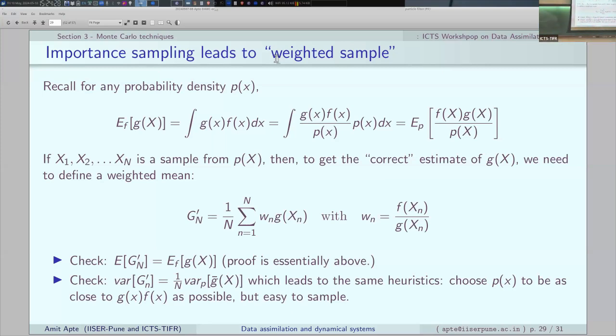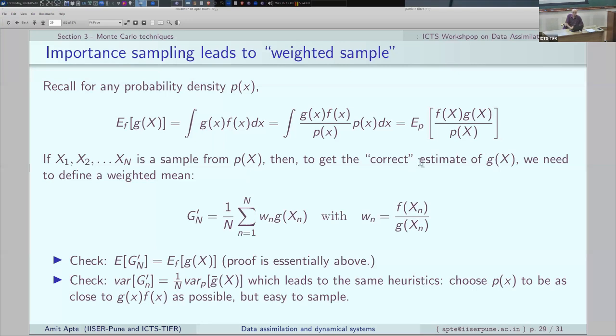So the same computation that we did for variance and so on applies to this new object. That is, now instead of taking a sample from f of x, you choose the new sample. Maybe I could have used a different symbol, y1 through yn, but anyway, it's x1 through xn still. x1 through xn is a sample from p of x, not from f of x.